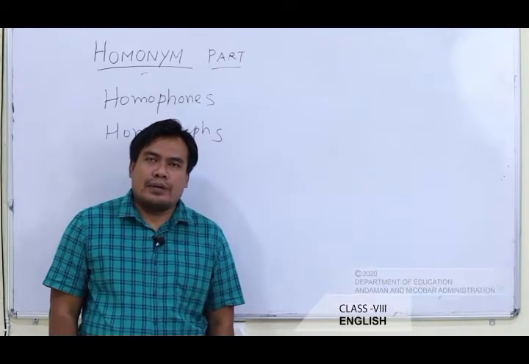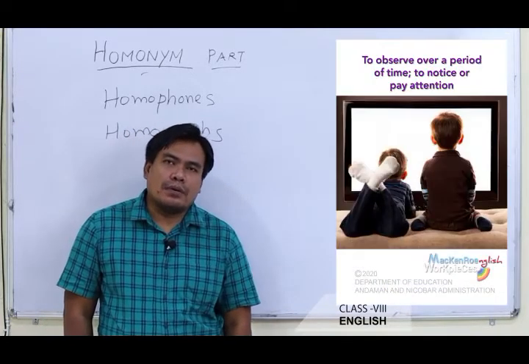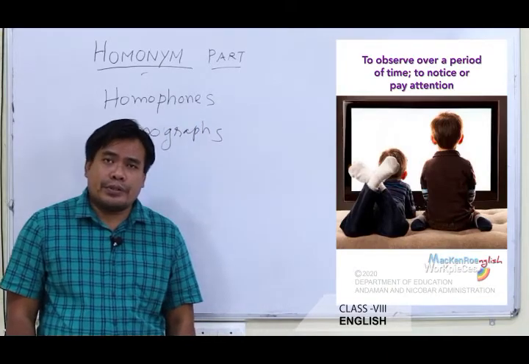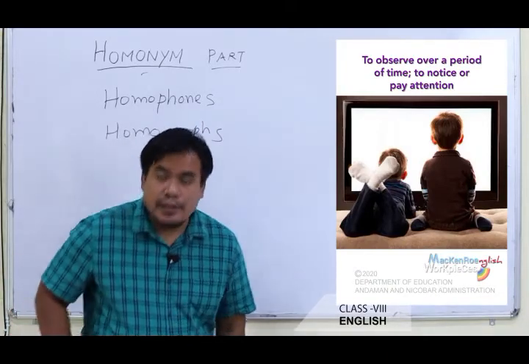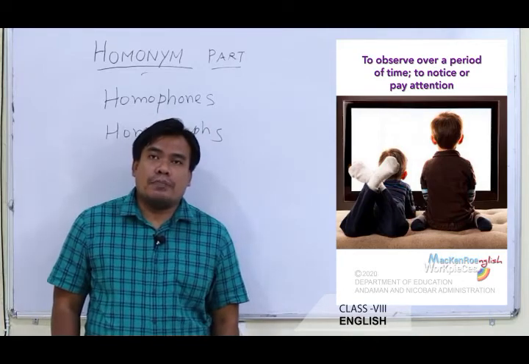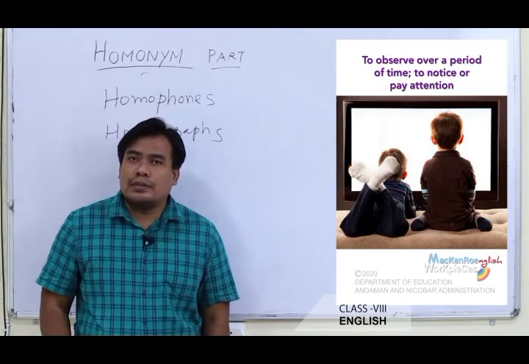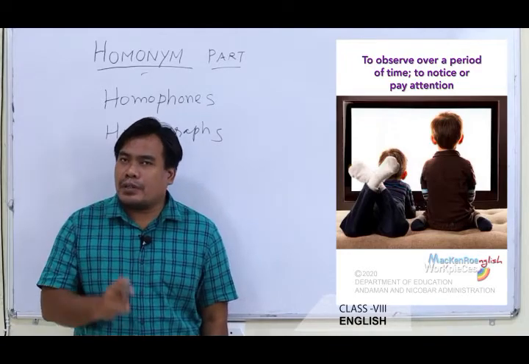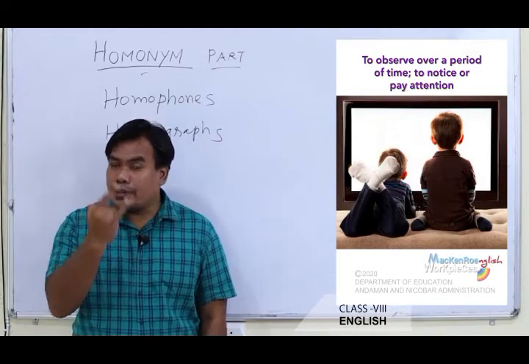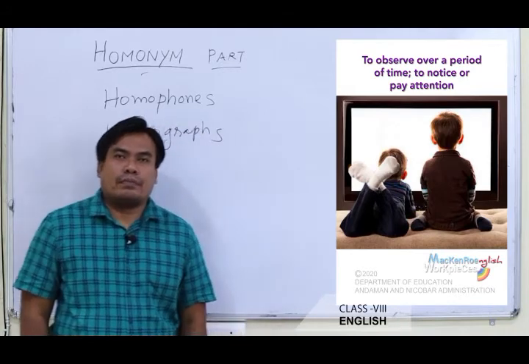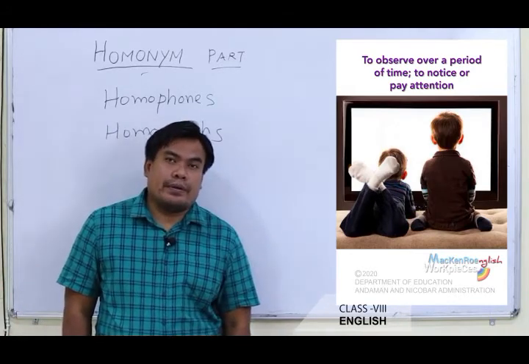The second one, what could be that? Watch. Okay. To observe something over a period of time. When you observe something closely, trying to figure out what is happening and what is not. Watch. That's called watch. I'm watching a movie.